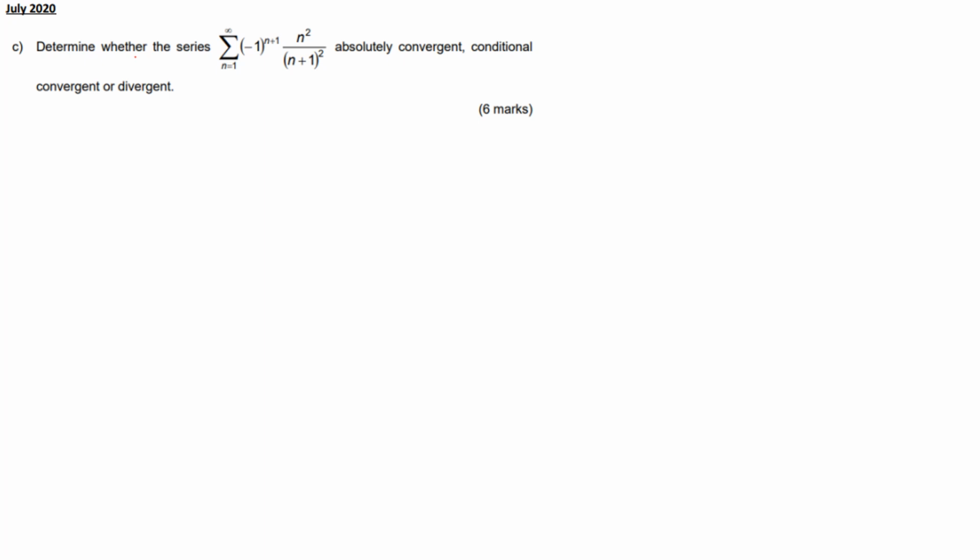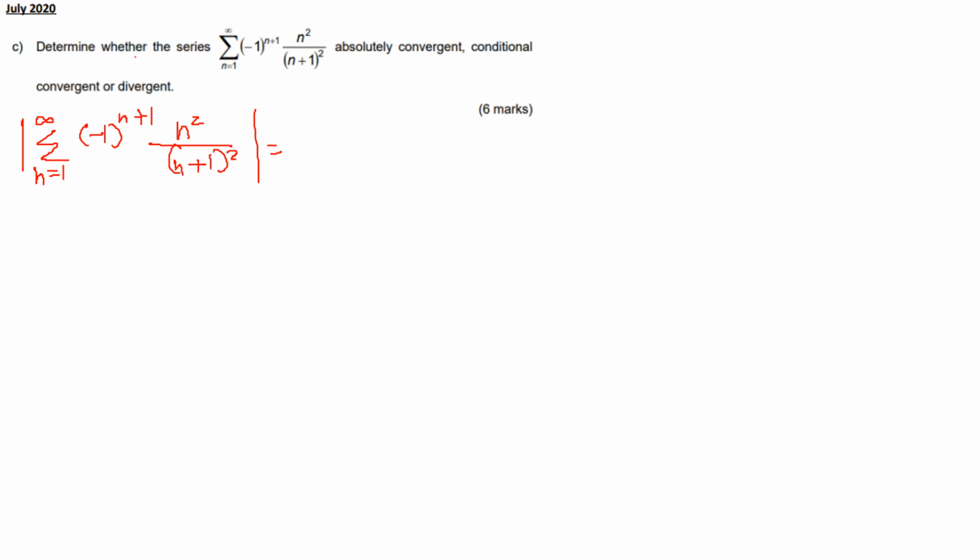Right, so now this question is from July 2020. The first step that you need to do is take the absolute value of this one: the sum from n equals 1 to infinity. You have to copy it back. You need to write this in order to get marks, so don't skip. (n+1) squared.